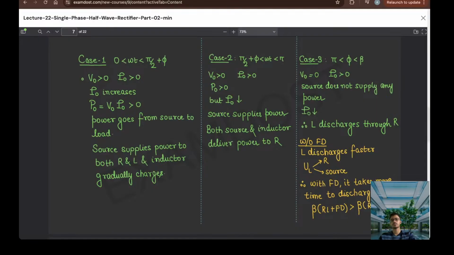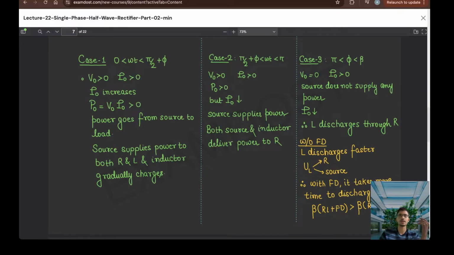Now in the first case we are charging, so both V0 and I0 are greater than 0 and I0 is increasing, power is greater than 0, source to load, and the inductor is charging. Got it? From pi by 2 to pi, both are greater than 0 but I0 is reducing.